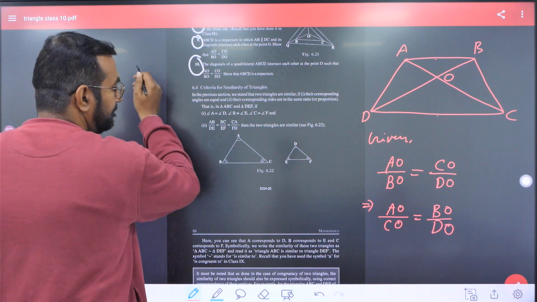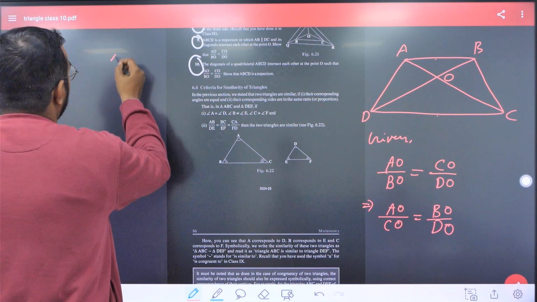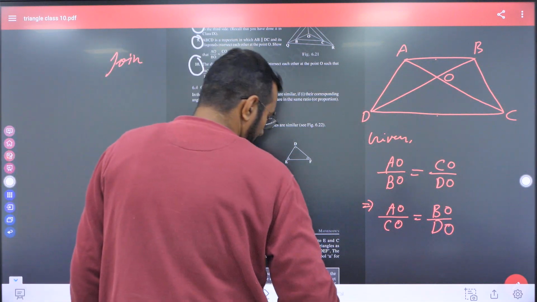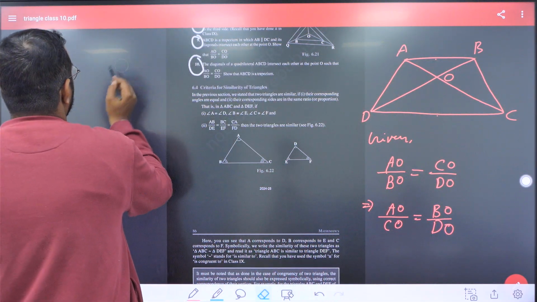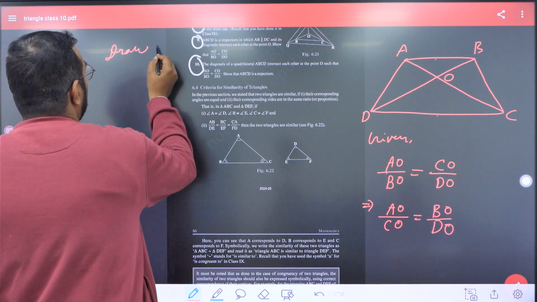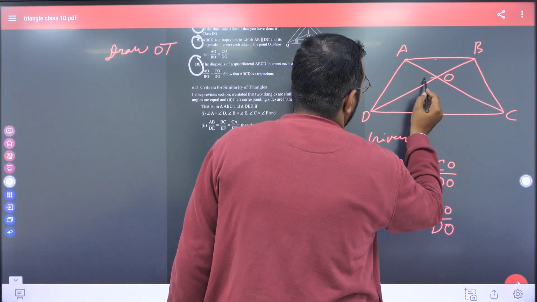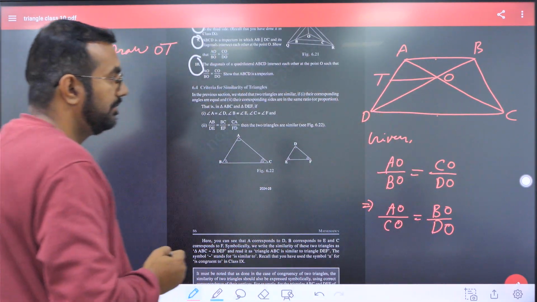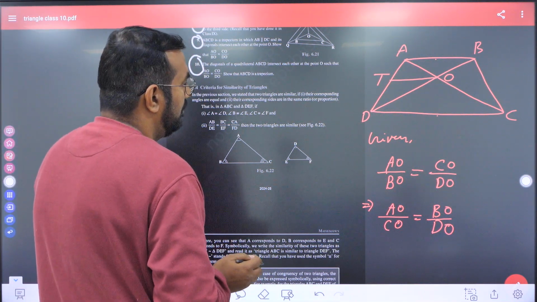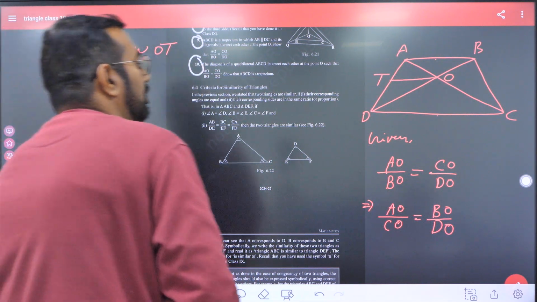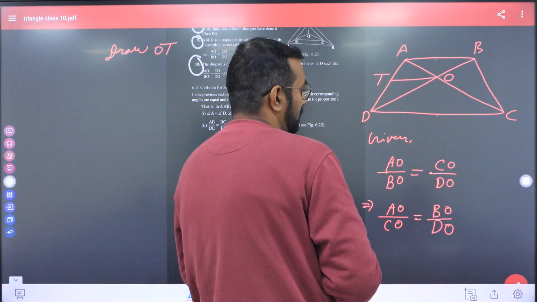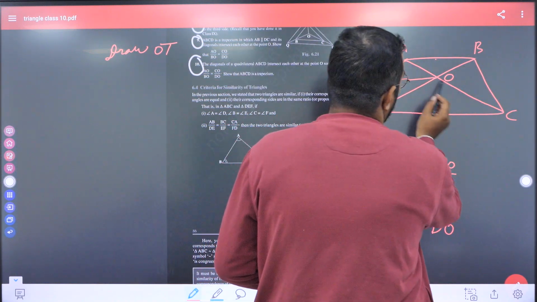Now draw OT. We have drawn OT. Now it is given that AO upon OC is equal to BO upon DO.